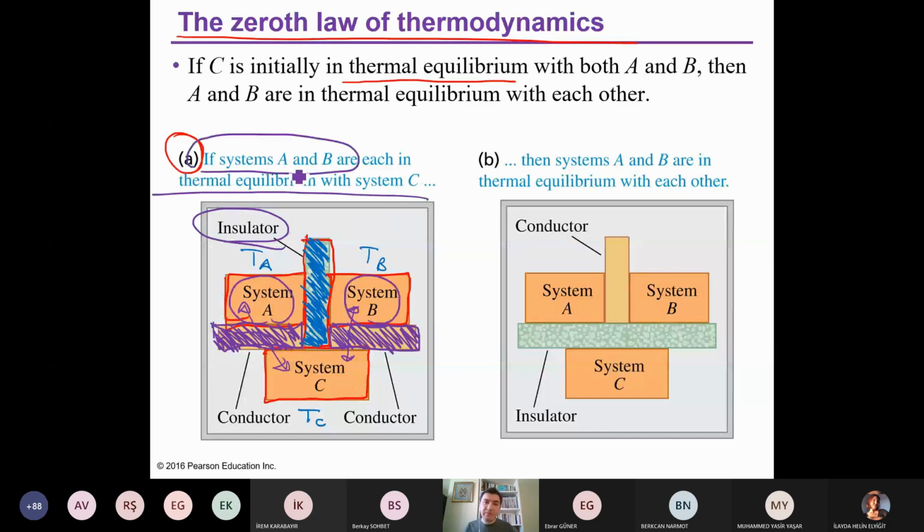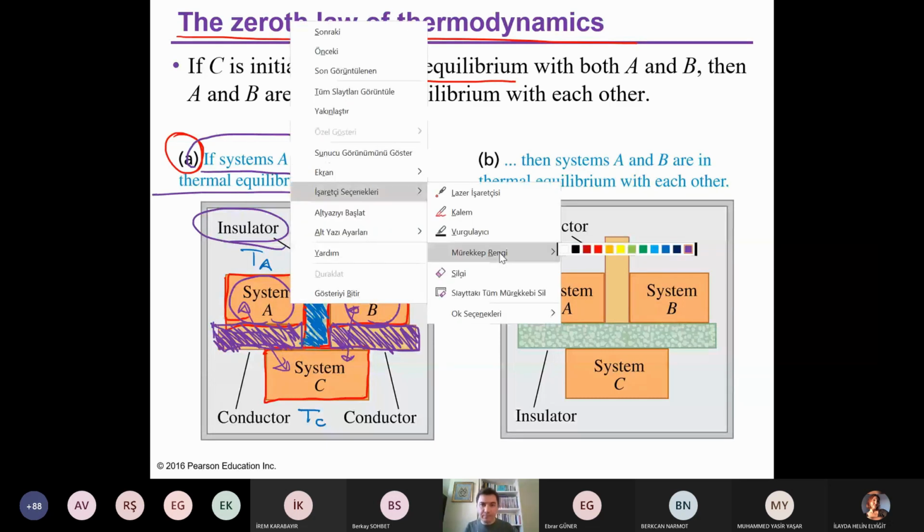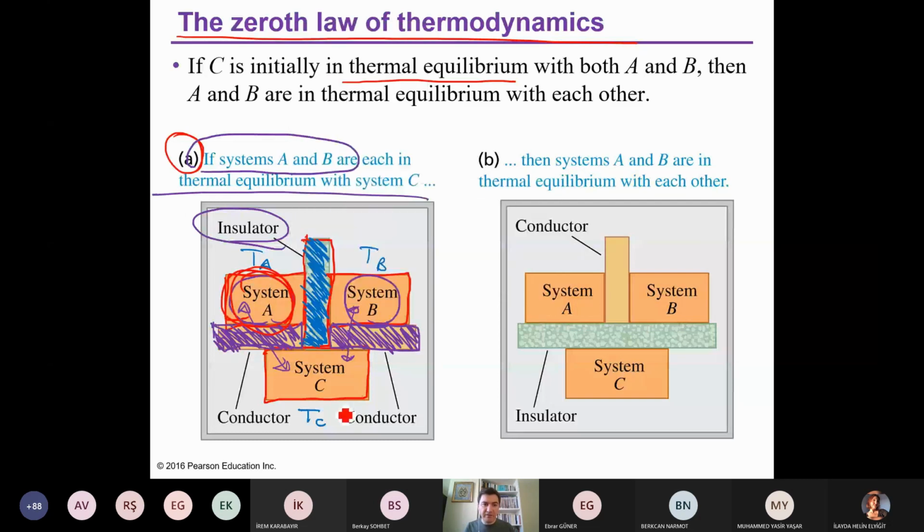So if systems A and B are each in thermal equilibrium with system C, so what I have told you, let me use another color here. Here we have on the left side system A, at the bottom here we have system C. And these two systems, system A and system C, are in thermal equilibrium because there is a thermal conductor in between.